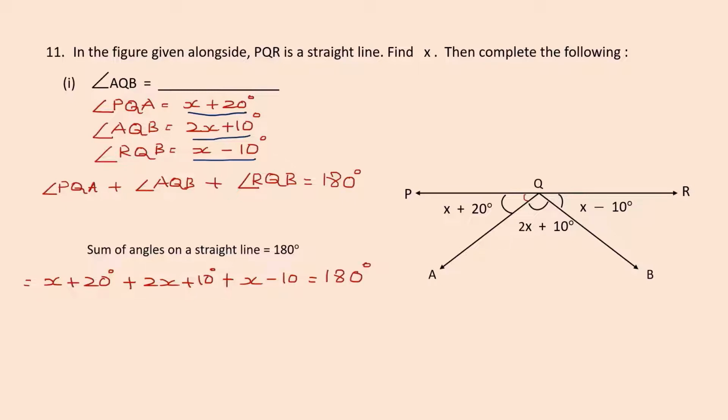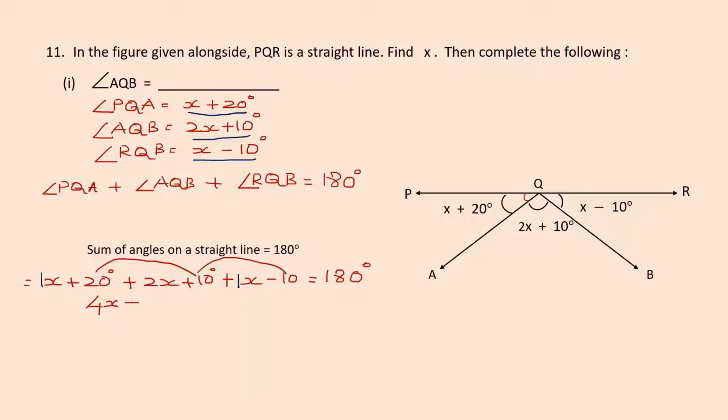Now let's take only the x. So I have 1x here, then I have 2 here plus 1. So 1 plus 2 plus 1 is 4x. Now let's take the whole numbers. 20 plus 10 is 30. 30 minus 10 is 20.